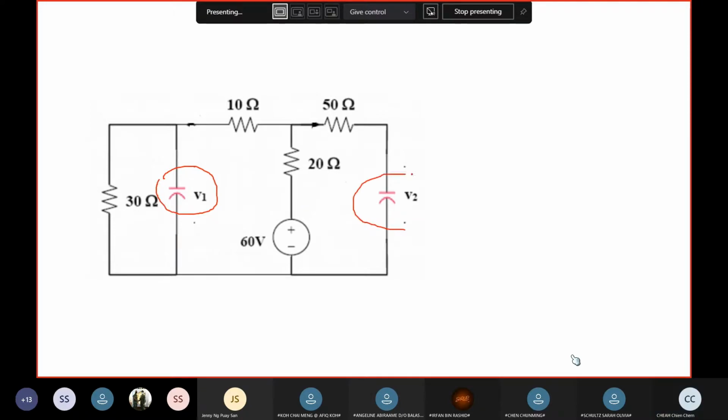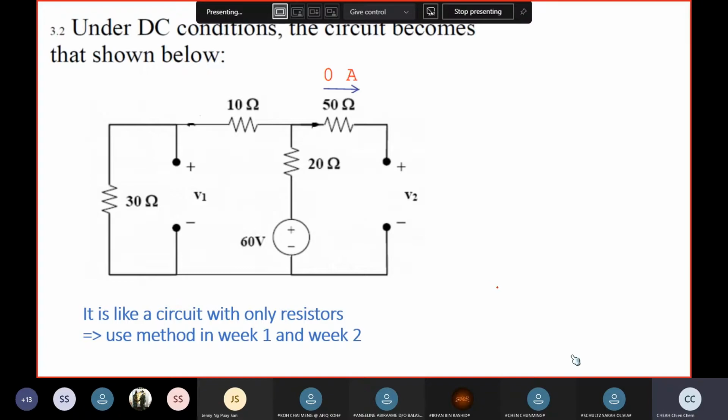Now look at these circuits. It's just a resistor network that we have learned in week 1 and week 2, which means treat it as a resistor circuit, because the capacitor now behaves like an open terminal, and then analyze the circuit.